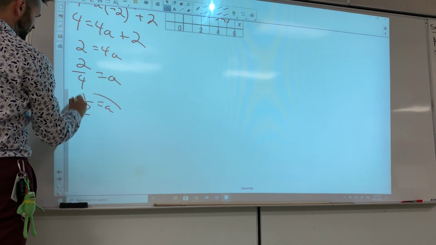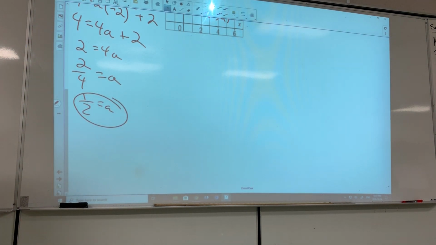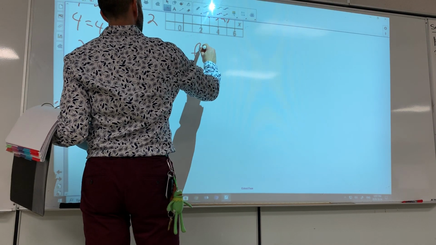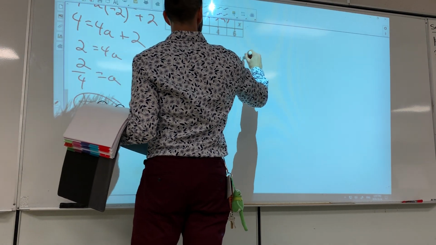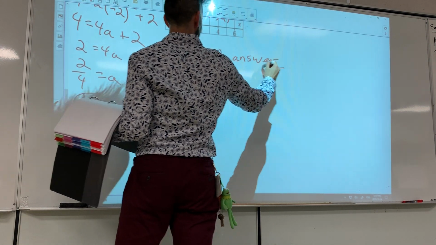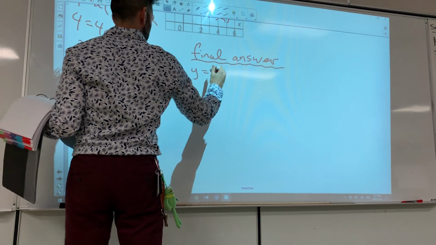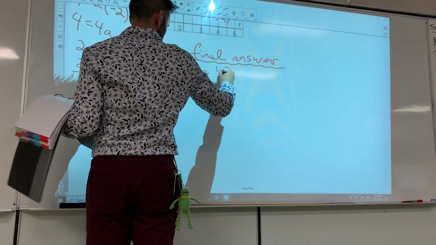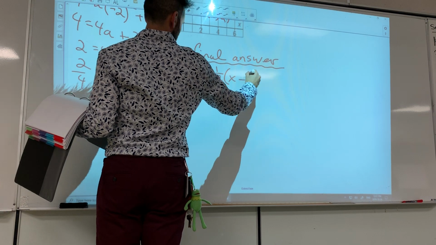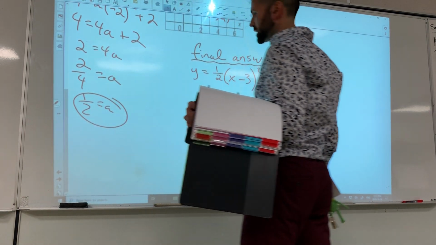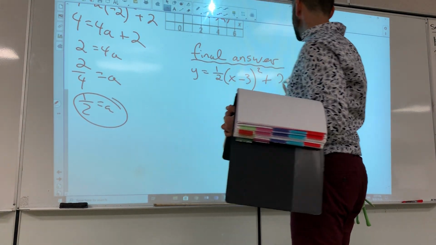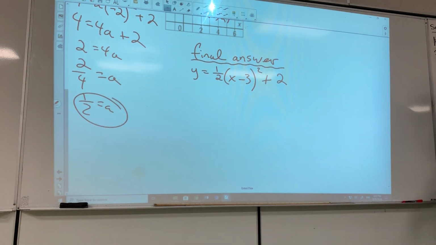So a half equals a. Final answer, write it out. It's y equals a half (x minus 3) squared plus 2. Boom, you're done. That would be a 3 or 4 mark question.